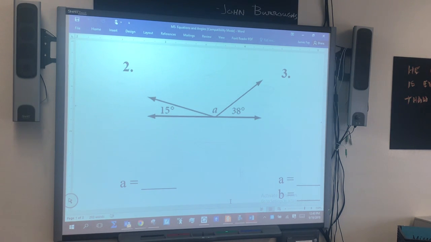Now this one, how many angles do you have in a pair? You have 2. When we talk about supplementary angles, it has to be 2 angles. When we talk about linear pairs, it has to be 2 angles. Right here, if we look at this, we've got a line, a straight angle, correct?